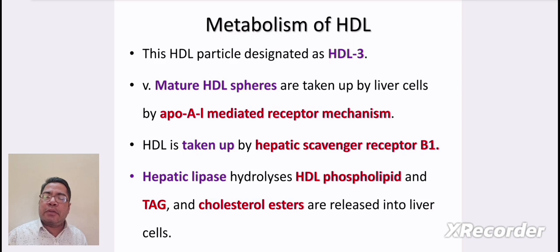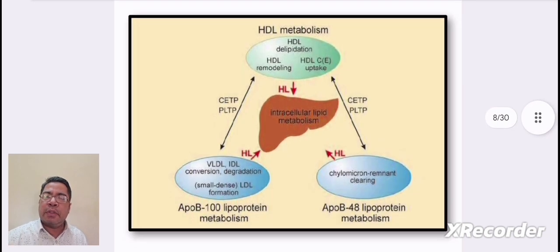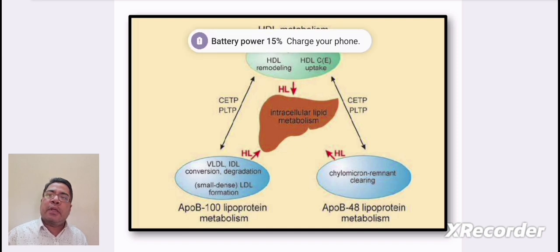Hepatic lipase hydrolyzes HDL phospholipids and triacylglycerol, and cholesterol esters are released into the liver cells. In this diagram, we can see hepatic lipase or HL, which brings about metabolism of HDL, with ApoB48 and ApoB100 all together directed towards the liver in the presence of the enzyme hepatic lipase.